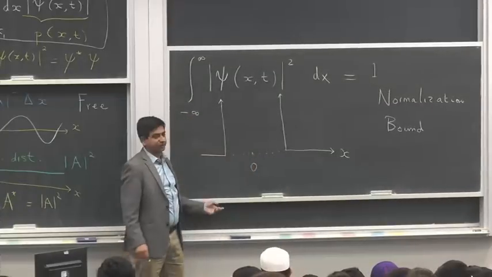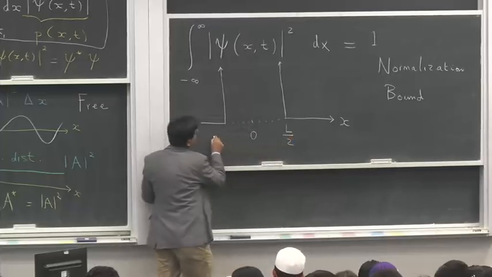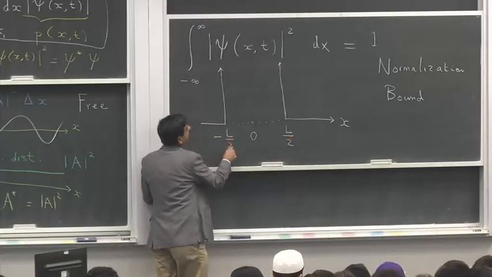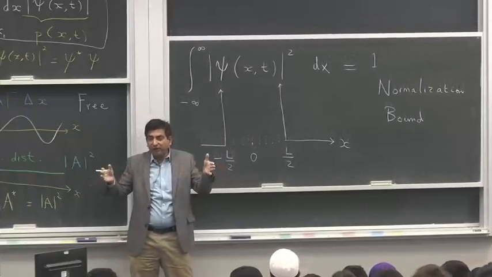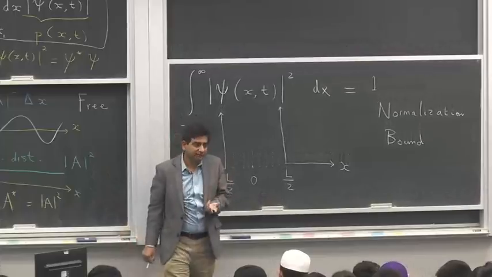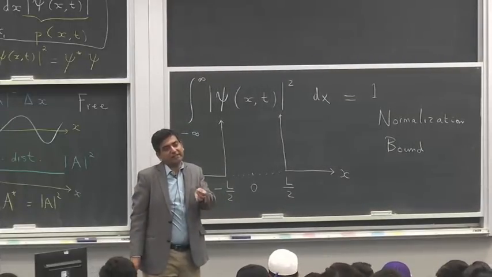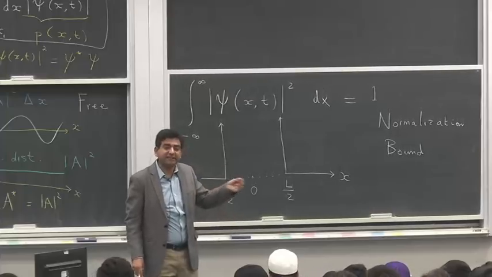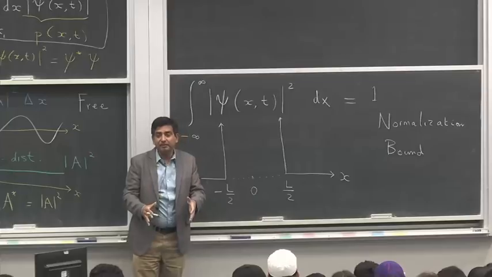I have x equals 0 and I have x equals L by 2 and minus L by 2. So I have a width in space in one dimension of length capital L. And I have a particle which is doomed or destined to exist only inside this length. So this is like a well.